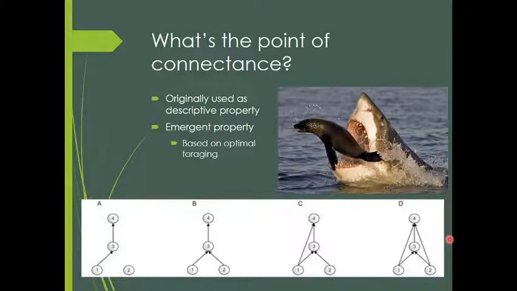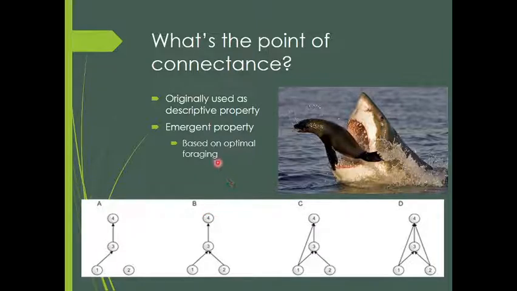There's trade-offs there. So the shark is not going to be able to eat the tiny little fish that this seal is going to be eating itself, right? If it were to go after those fish, it would use so much energy swimming after just a tiny little mouthful, and it probably wouldn't get enough food from that. So we don't see these tiny fish connected to the great white shark because it's just not worth it.